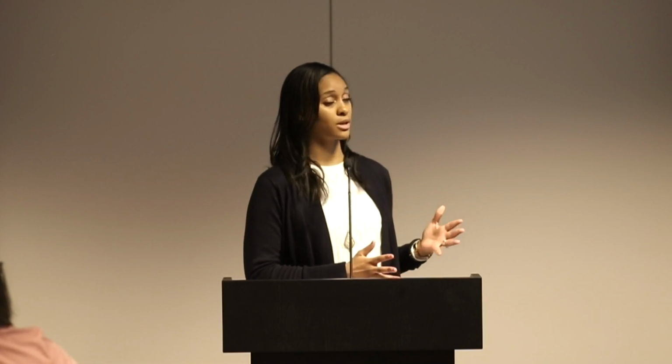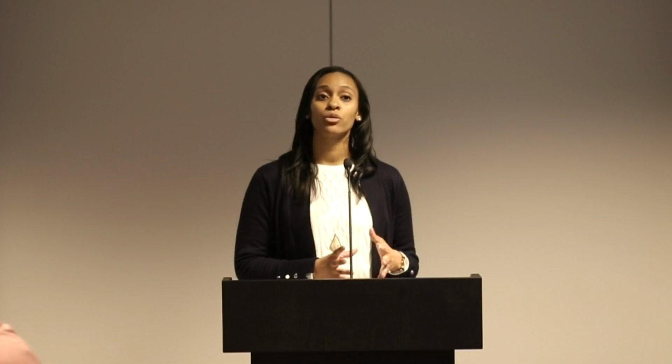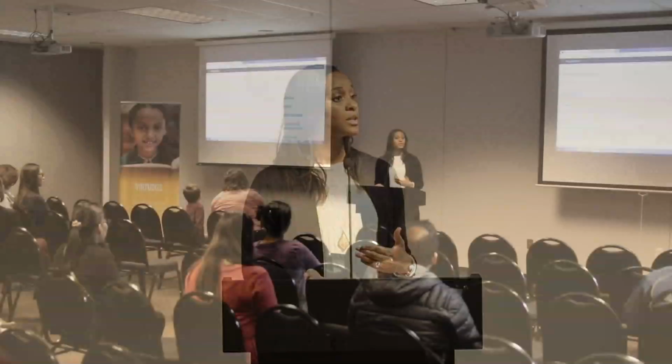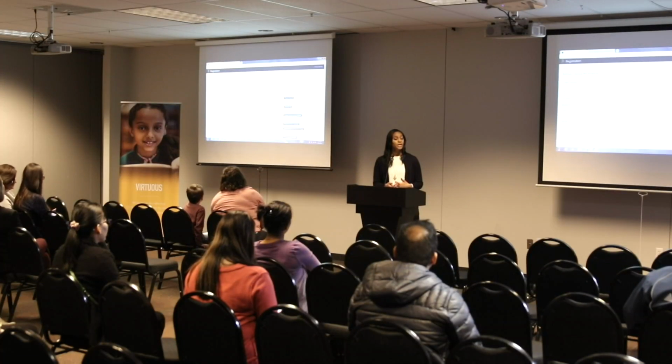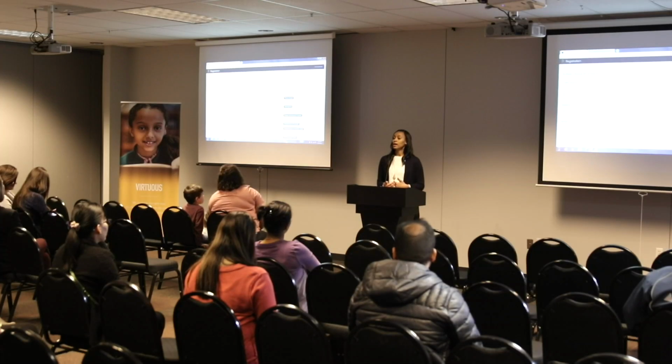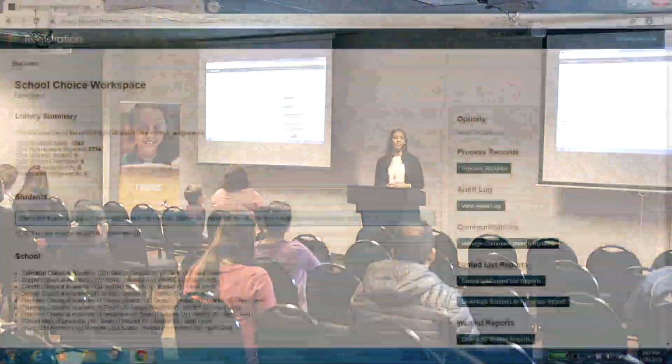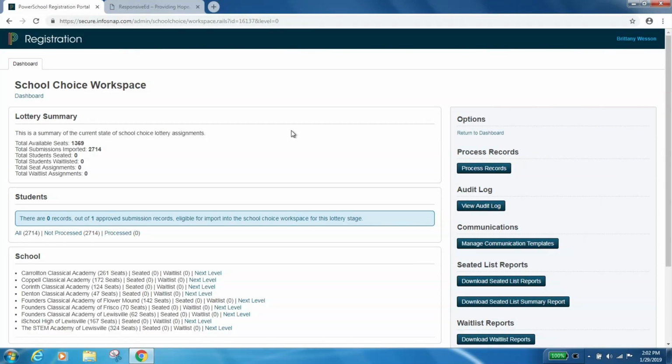We do this using an automated system that you will see displayed on the screen, and that system will randomly generate seats that we have available in our schools, and or it will seat the wait list for any students that we do not have seats for currently, okay?